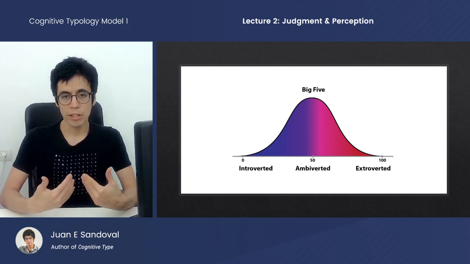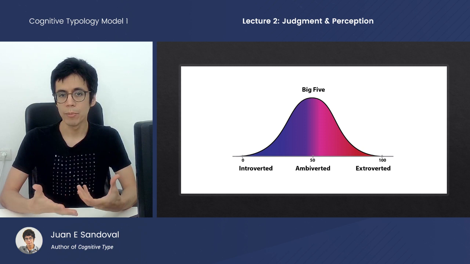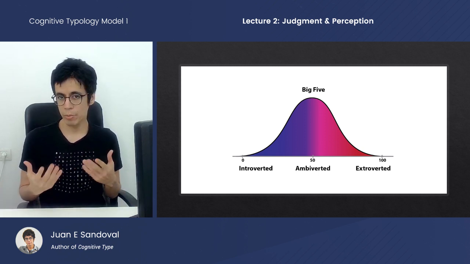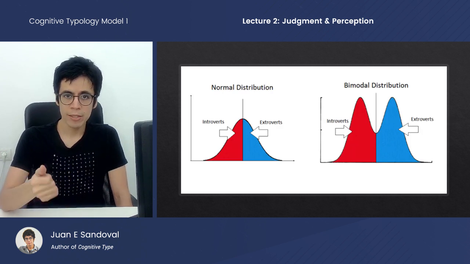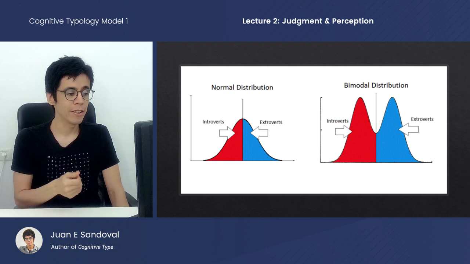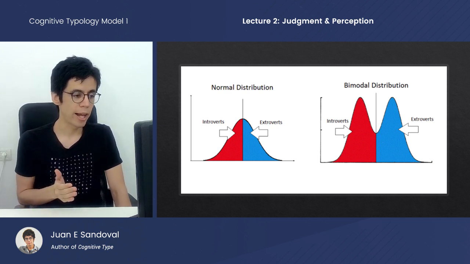Why? Because a true dichotomy would be what's called bimodal. In other words, if introversion and extroversion were really two separate groups, what we would see is something more like this. This is what we would like to see if introversion and extroversion were discrete typological realities.